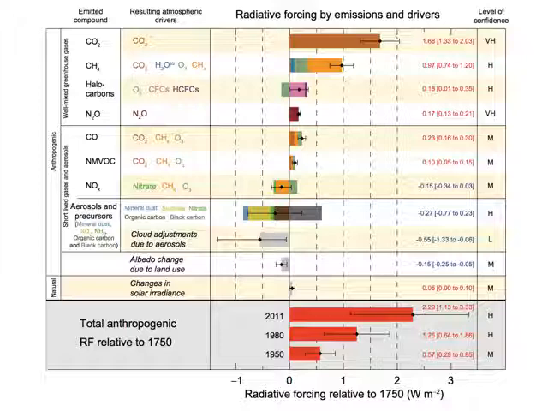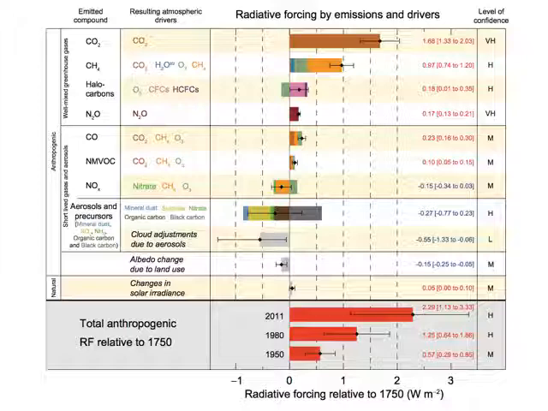This is a somewhat more complicated slide here, but it summarizes essentially the first 10 chapters of Hartmann, where he goes into quite some detail on the role of individual forcing agents in contributing to global warming.